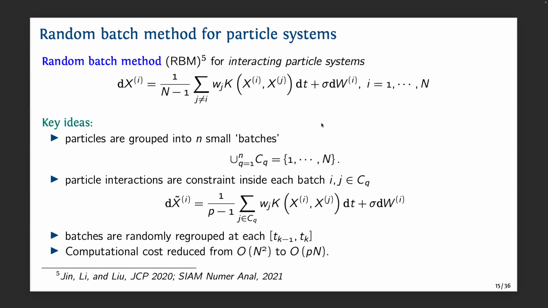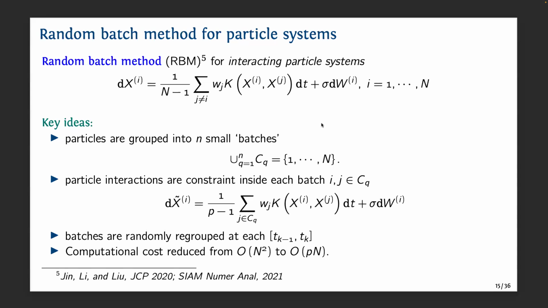So the time averaging will be equivalent to the spatial average, so that it will give the same statistical forecast. And it also reduces the computational cost, because there are n samples and the summation over n, so it's an n squared computational cost. Now we just have p batch members in each particle update. This p is on the order of 10 or below 10, and n is 10 to the 4th or 5th. So this is a huge reduction in the cost.